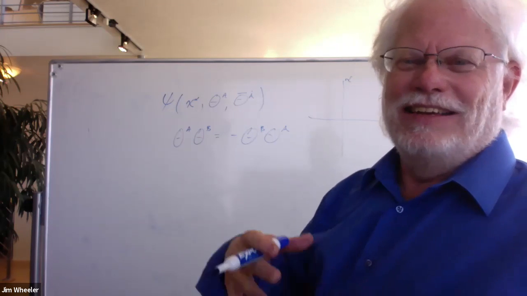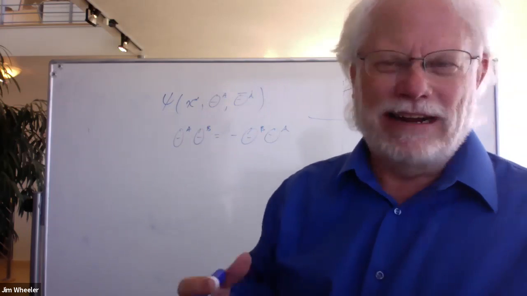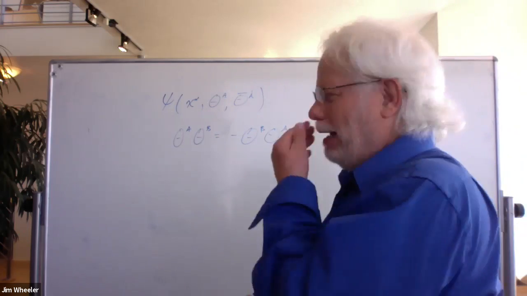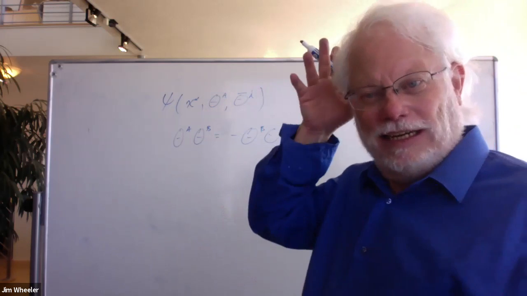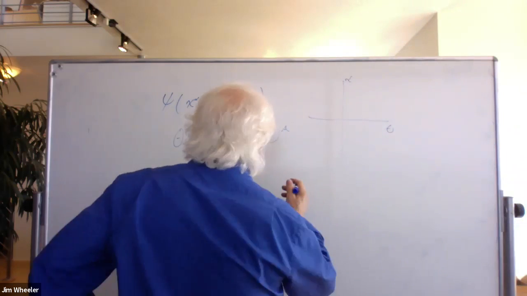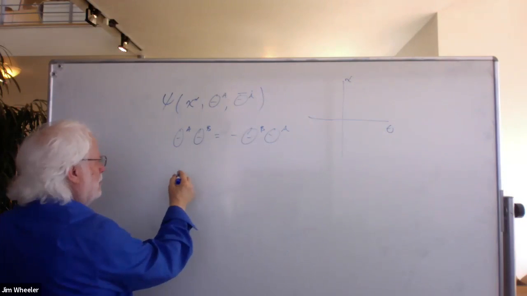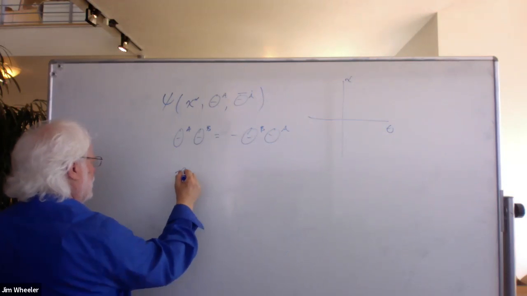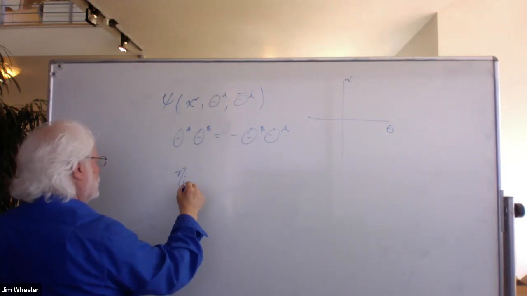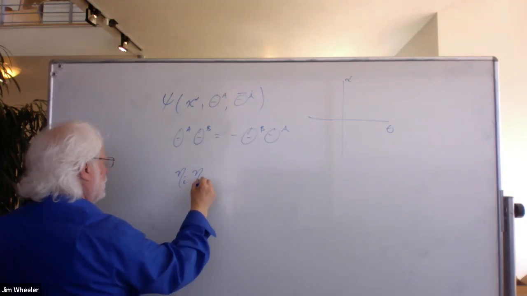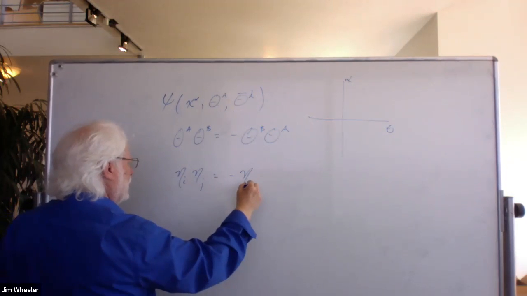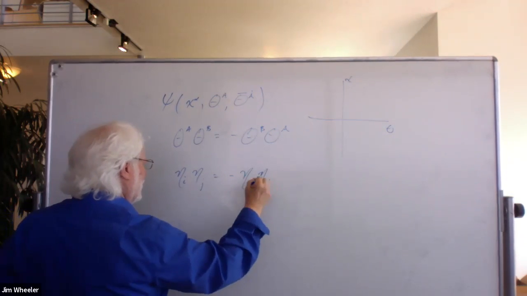So now we have to ask, what are anti-commuting numbers? And happily, Alice Rogers gives us an answer for that. Very nice paper looking at this. So introduce some Grassmann variables, right? eta_i, eta_j.